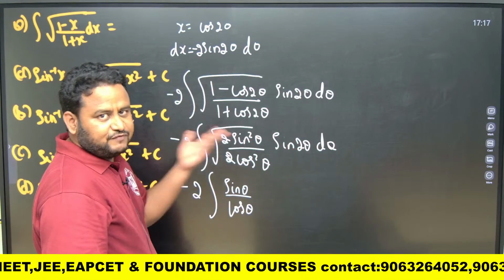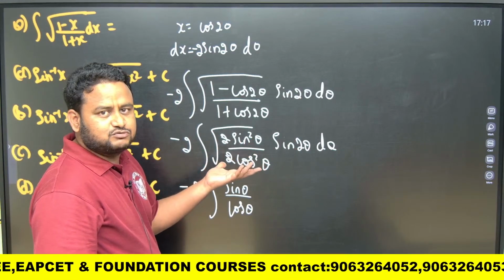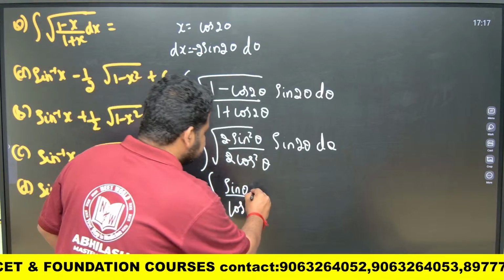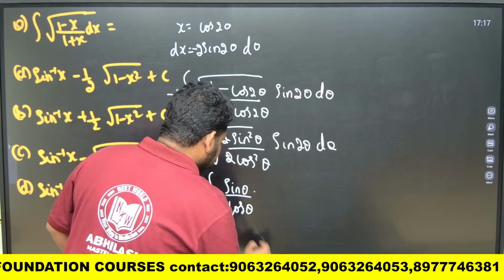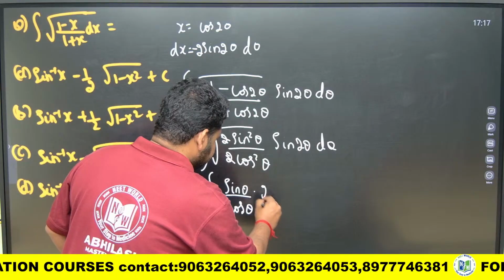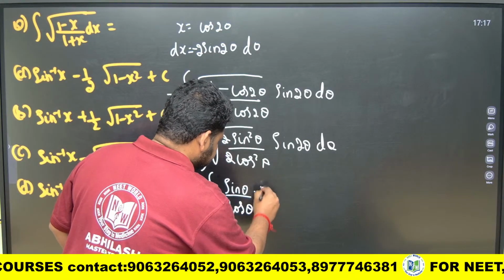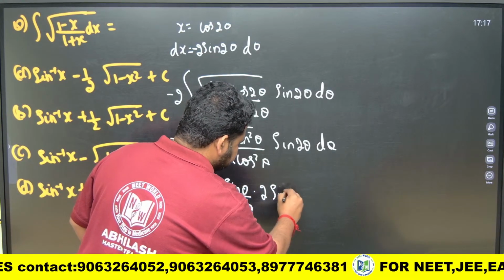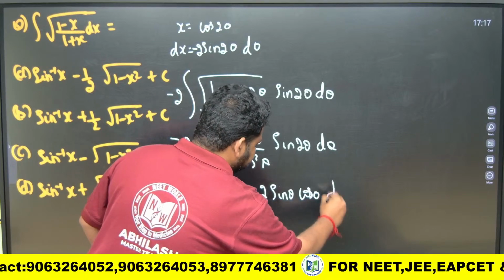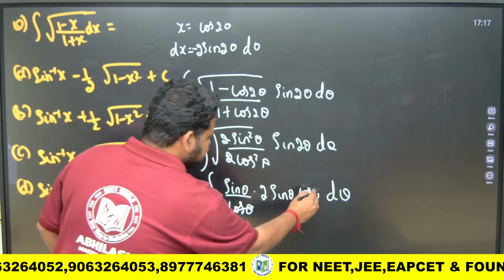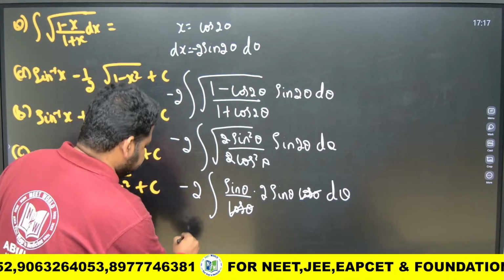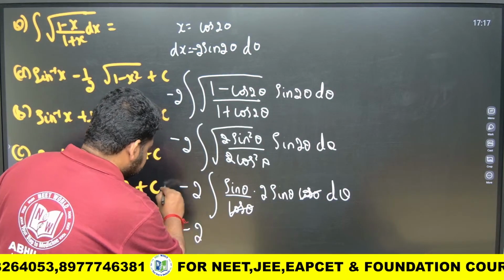Sin 2 theta I can write as 2 sin theta cos theta, into d theta. I can cancel this cos theta cos theta. Now, 2 will be there as it is, minus 2.